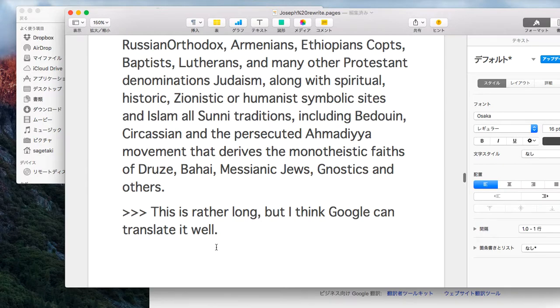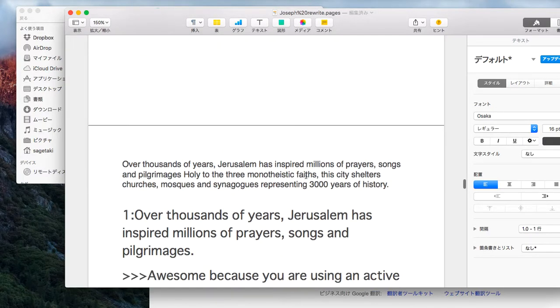I think Google can translate it very well, as the structure is mainly a word to word process, and the process of translating should also be word to word, as we have comma, comma, comma, and all these kinds of things.